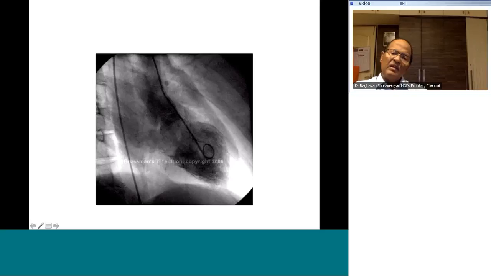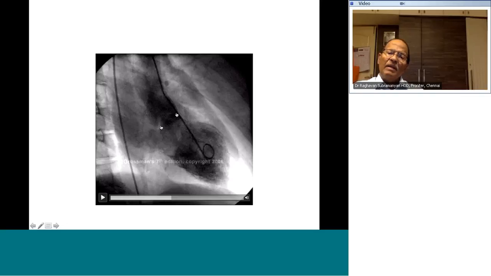Okay, this is the diastolic frame in here. Now can you see the diastole, the LV outflow is wide open, and in fact the posterior border of the mitral valve is seen here. It's continuous, the outline of the mitral valve ends at the aorta here, okay?